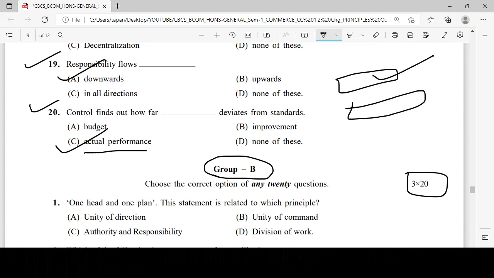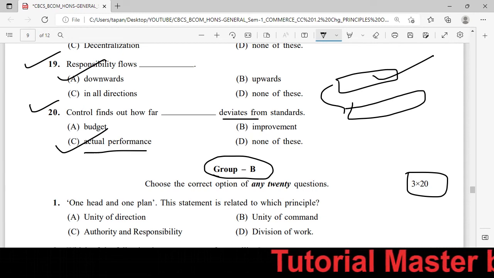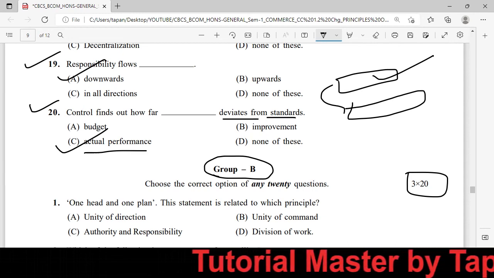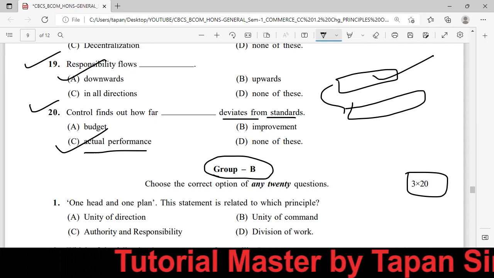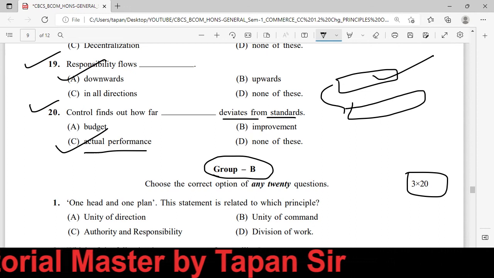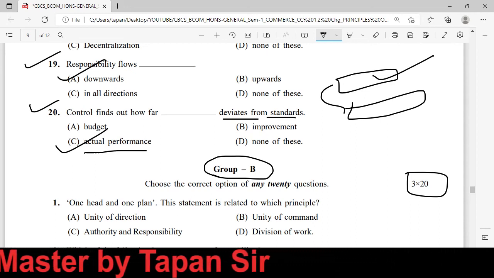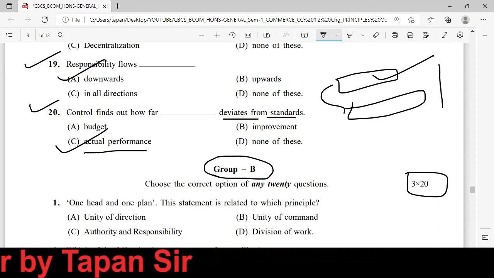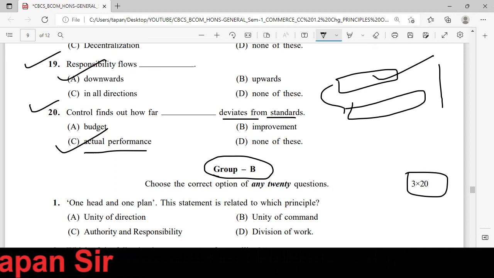The difference between the two is called deviation from standard. Then why these deviations have taken place, sort out the problems for such deviation and then solve them.